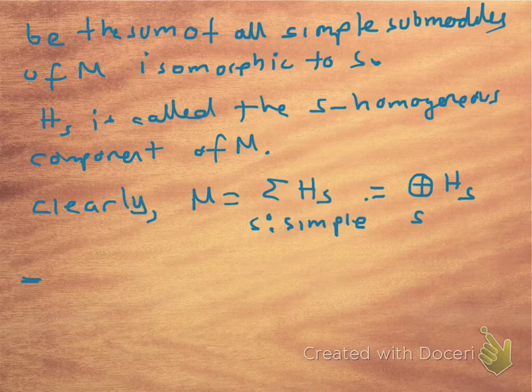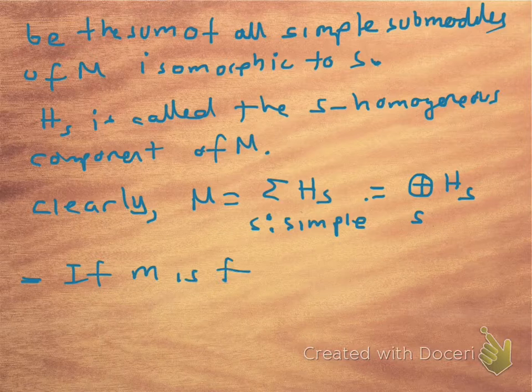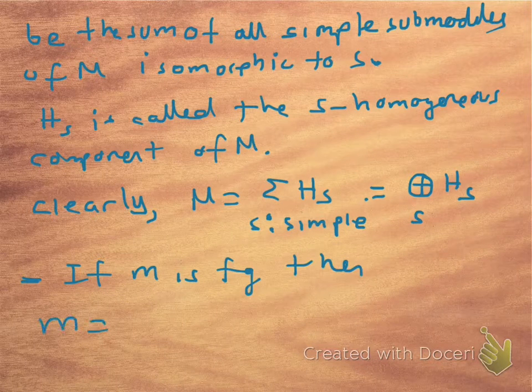Since we are interested in the semisimplicity of the module R, the ring namely, we will now switch to the consideration of a finitely generated semisimple module, in which case there are finitely many non-zero homogeneous components. So if M is finitely generated, then M is a direct sum of its homogeneous components.